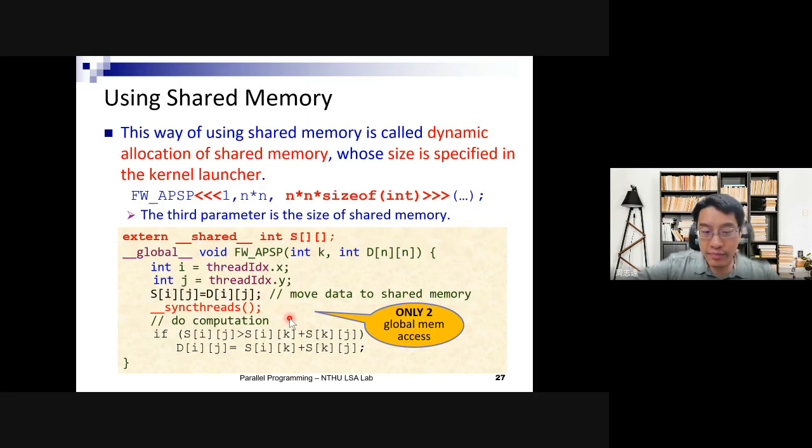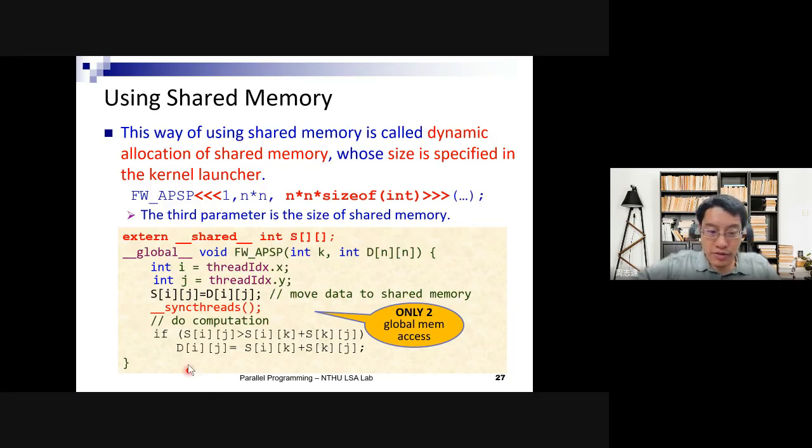We need that because if we don't, then some of the items of S are not initialized, or not assigned the value of D yet. Then when the thread accesses those variables, you will not be able to read the right value.